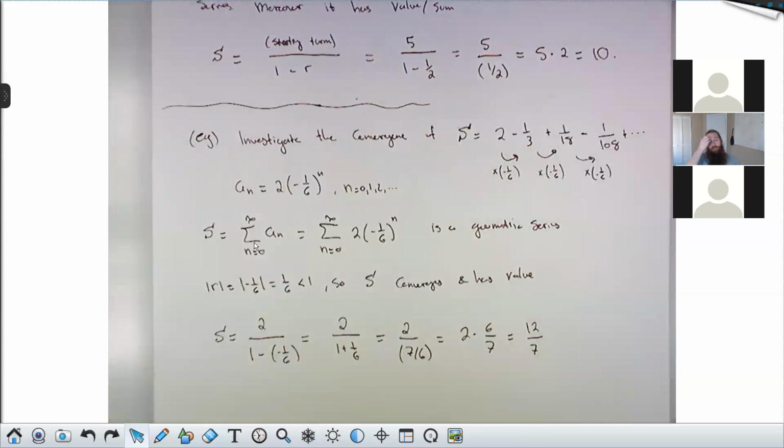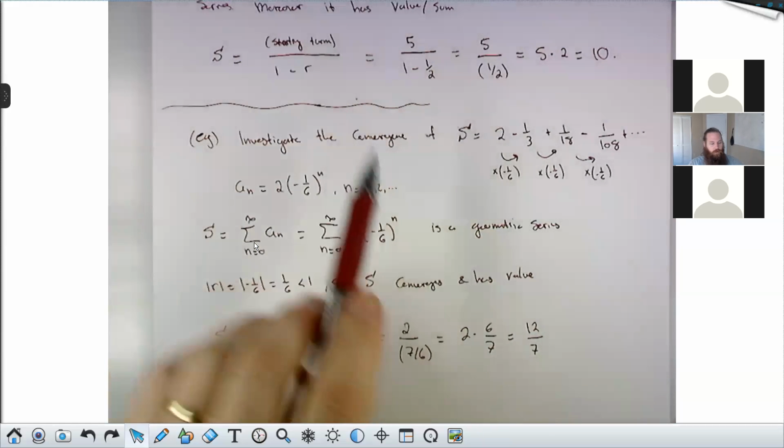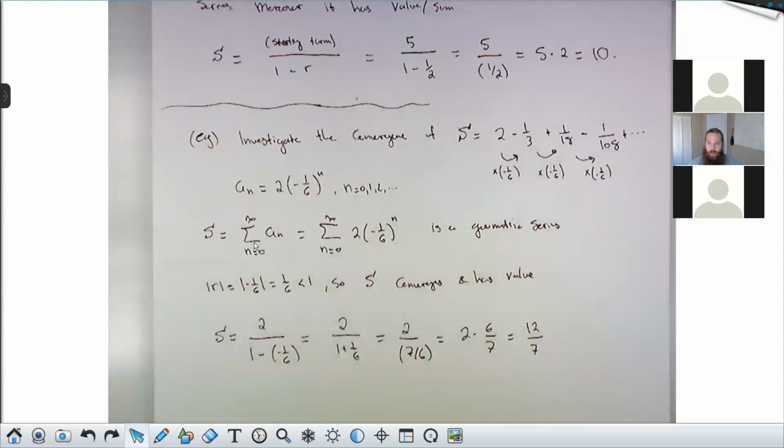And if you played that same game that we played with this first series, where you start writing out the partial sums, adding them up by hand, figuring out what the SNs get closer and closer to, the decimal representation of those numbers would get closer and closer to 12/7. So this is everything you need to know about geometric series.